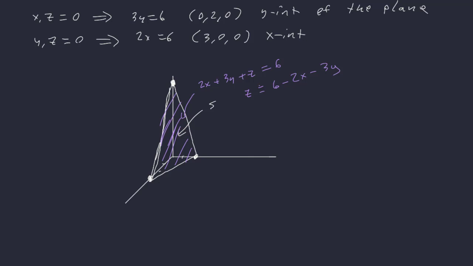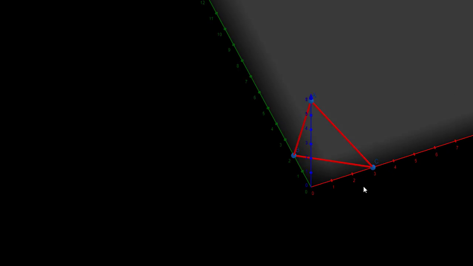Yeah, this would be the y-axis, this would be the x-axis, and we can see that if we let X and Y take up this whole triangle, we will account for everything, right?